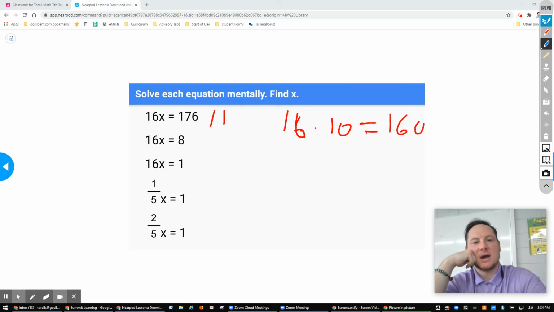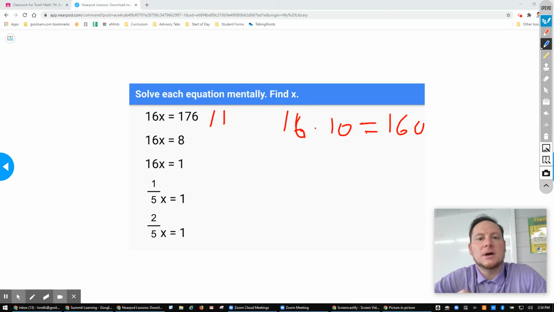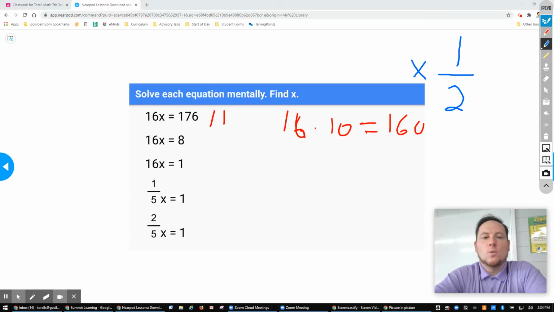Well, 16 divided by 2 gives me 8. So how can we look at something when we're trying to divide, but we need to multiply? And we talked about that the last couple lessons. And this is where you look at multiplying by the reciprocal. So if 2 is the number that you're trying to divide by, dividing by 2 is the same thing as multiplying by 1/2.